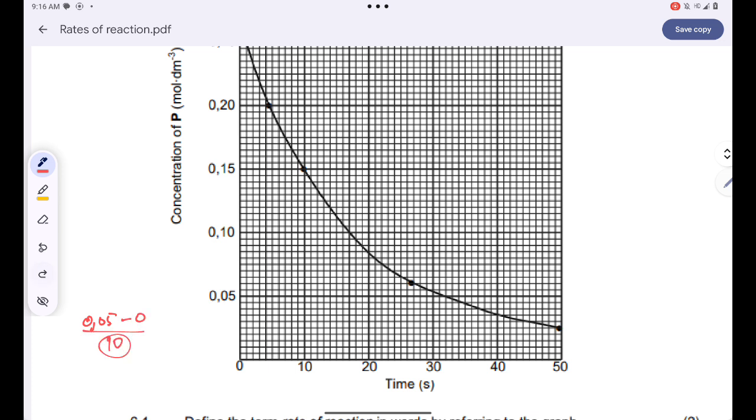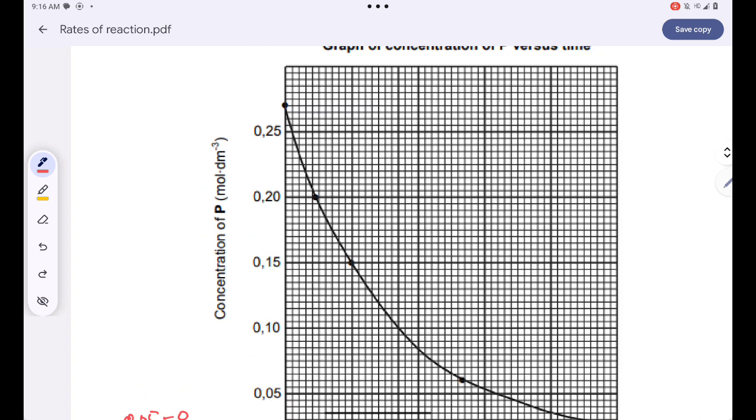Why am I dividing by 10? Because I have 10 lines over there. Are you together? And then this will give me 0.005, or you'll simply get 5 times 10 to the power negative 3.